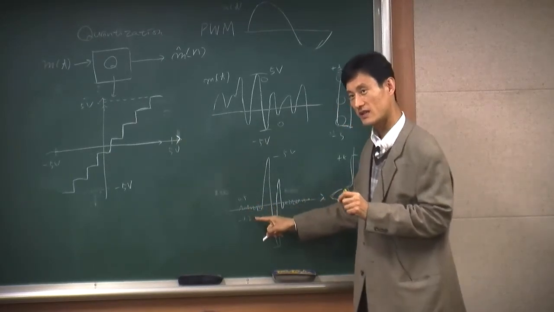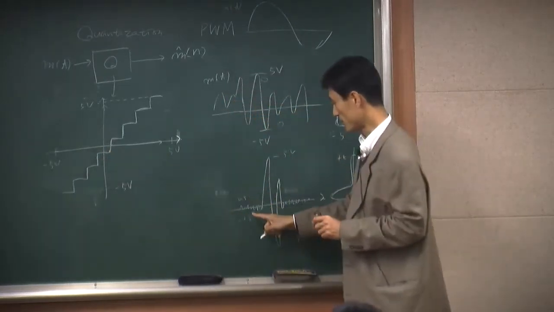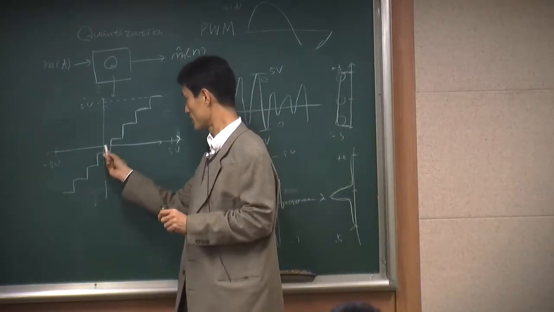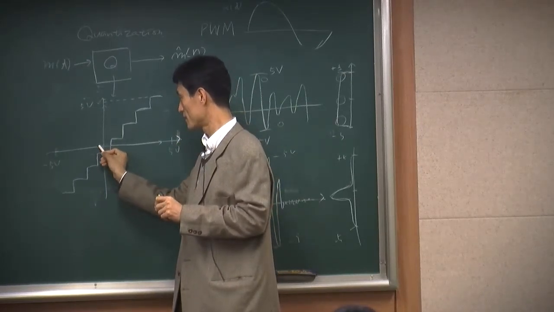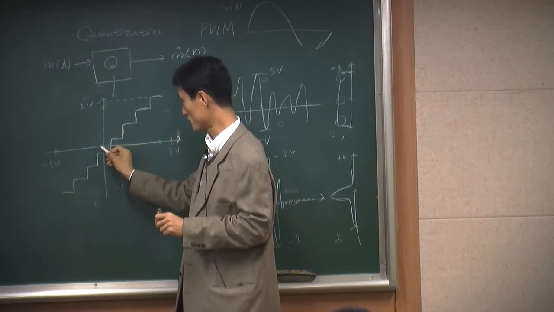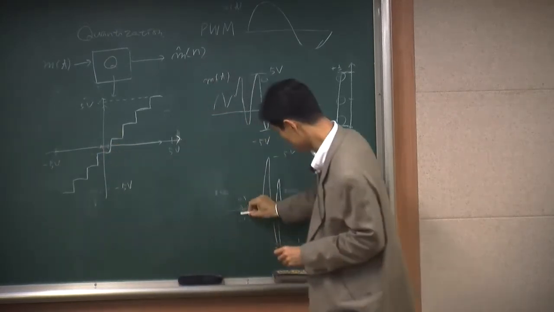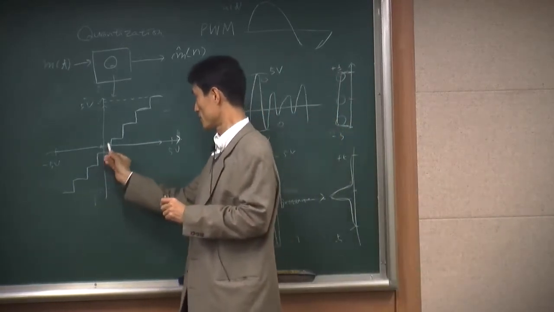Very small signals. So most of the time your input is somewhere here, sometimes 0.5, sometimes minus 0.5. Your input signal is somewhere here, very small amplitude.